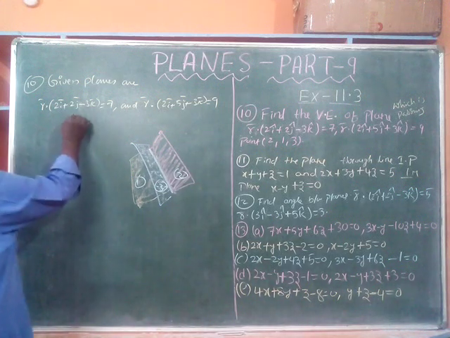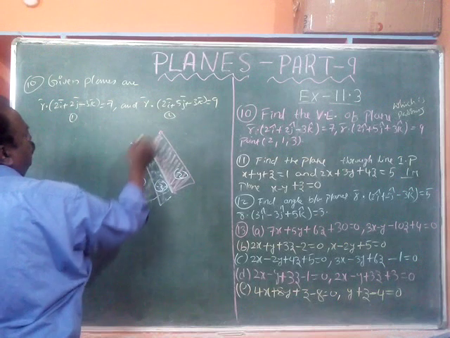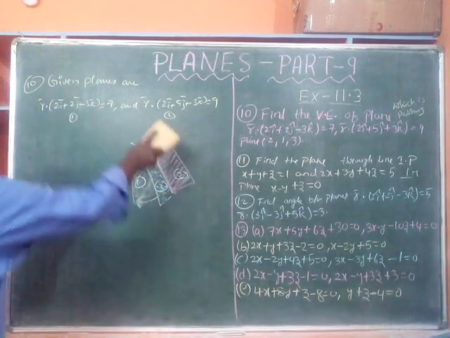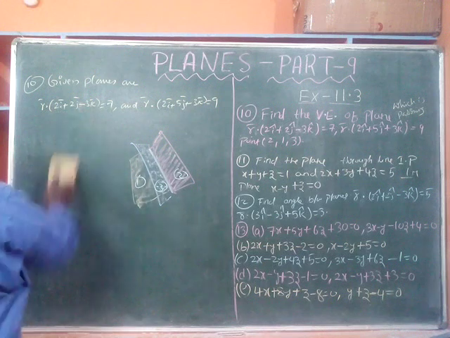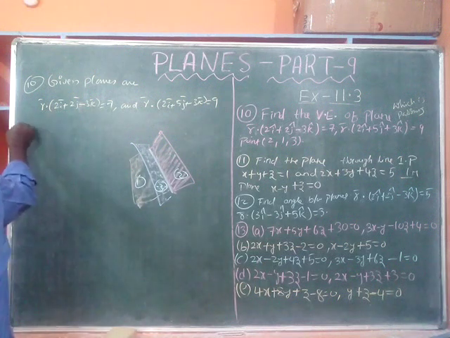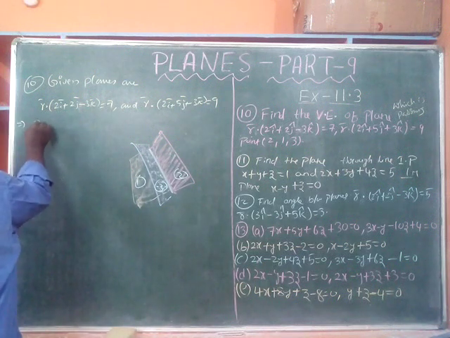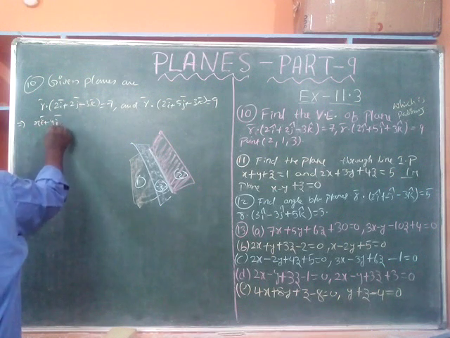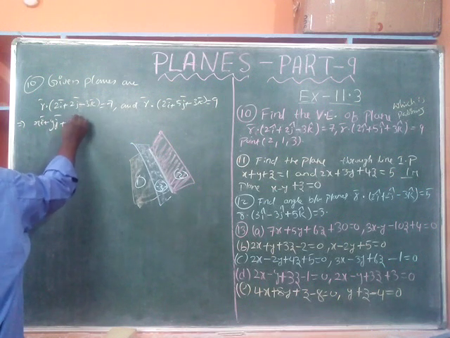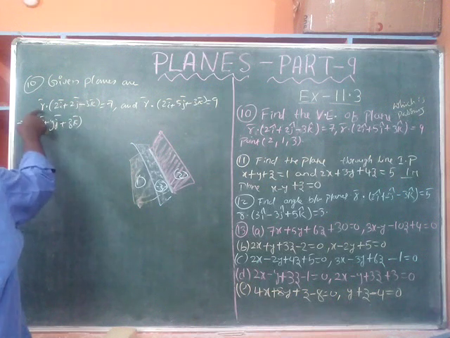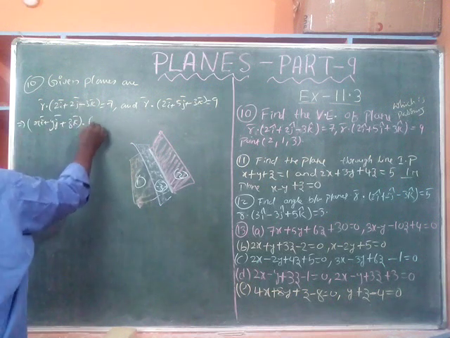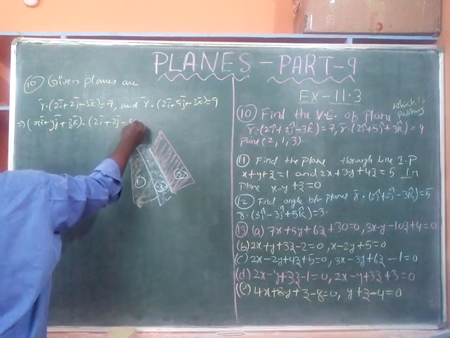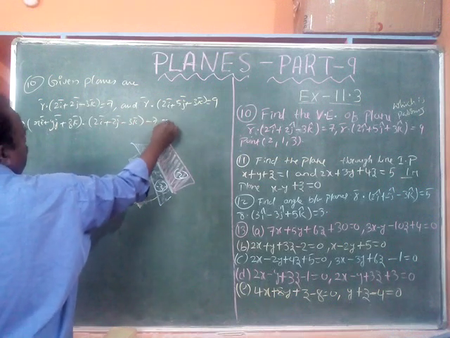Now, this is 1 and this is 2. Otherwise, we change these equations. R bar is a general vector, xi plus yj plus zk. So xi plus yj plus zk dot of 2i plus 2j minus 3k, minus 7 is equal to 0.